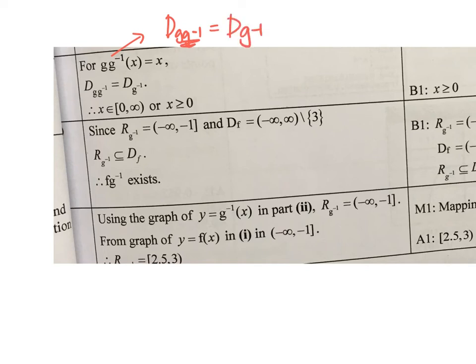So x is from 0 to infinity, or x is greater than or equal to 0. Remember that's where the domain of g inverse is, it's actually here. So this is the answer to part 3.